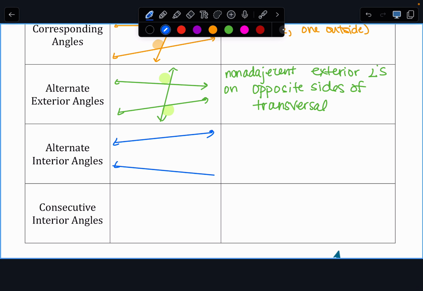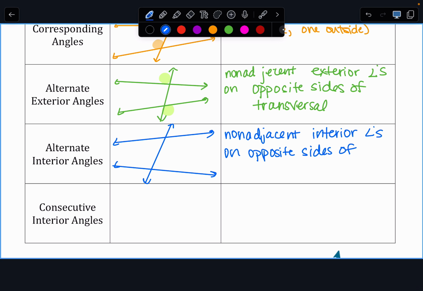Okay, so our next definition, do I even have to say it? Copy, paste, but what are we going to change? Not outside. Exterior. Oh, I can't spell. Non-adjacent interior angles on opposite sides of the transversal.